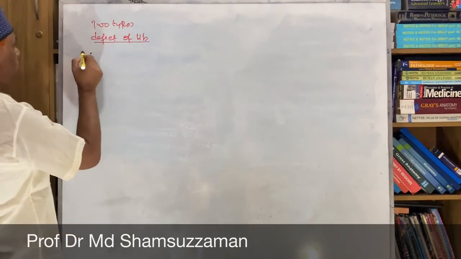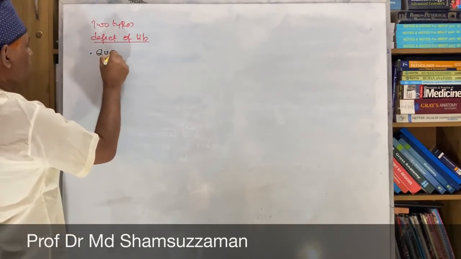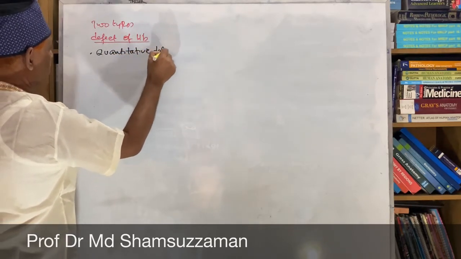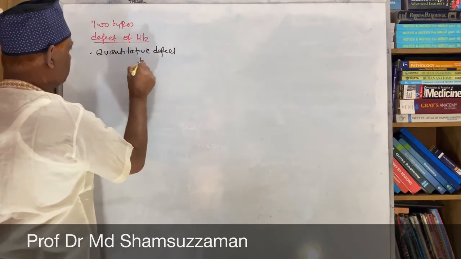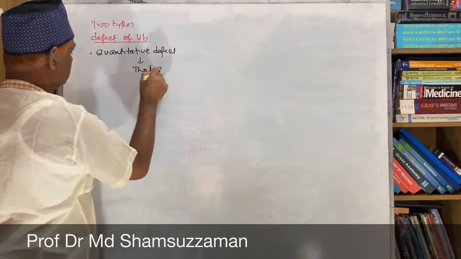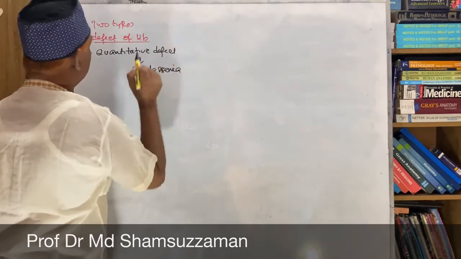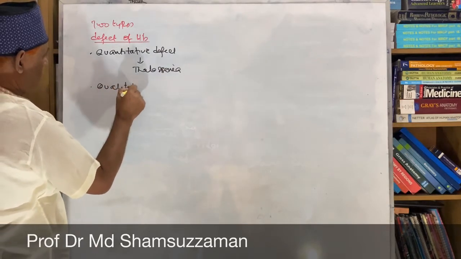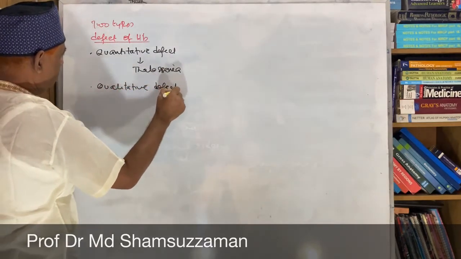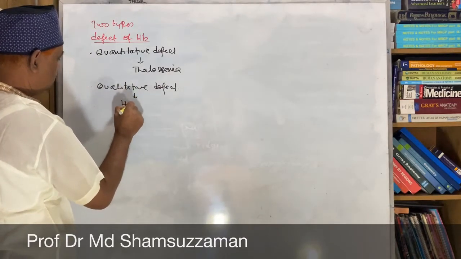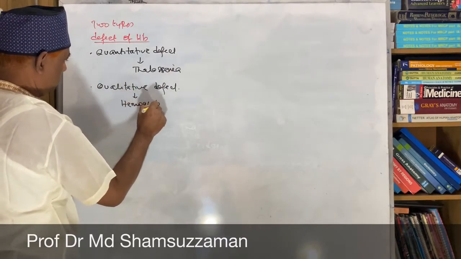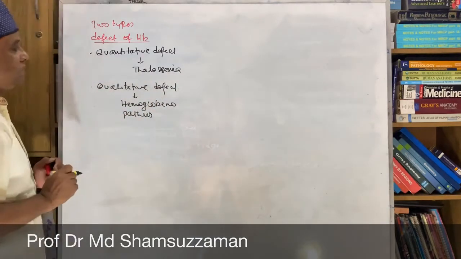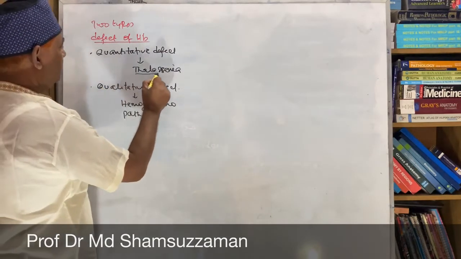One is a quantitative defect, called thalassemia, and another is a qualitative defect, called hemoglobinopathies. In the first class, I told you about thalassemia briefly.